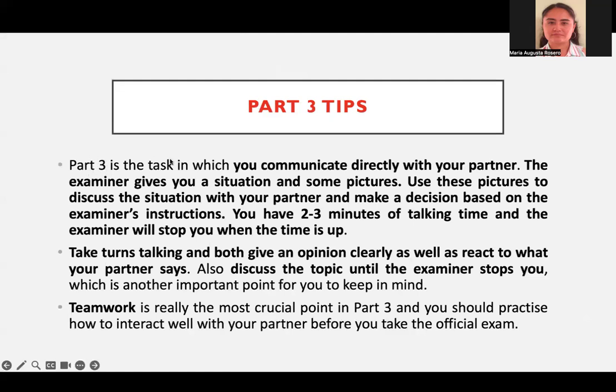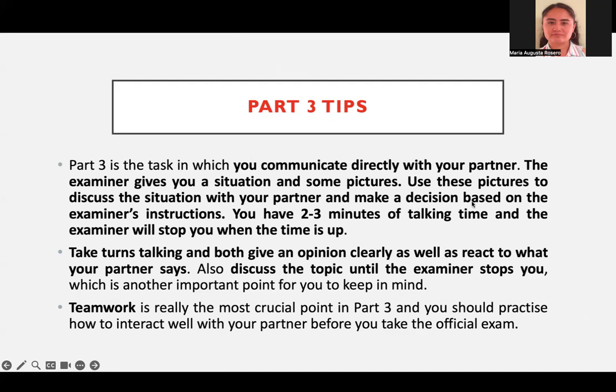Now we have the tips that I consider important for you to take into account. Part 3 is the task in which you communicate directly with your partner. The examiner gives you a situation. Don't forget not only the picture, but a situation and then some pictures. You have to use these pictures to discuss the situation with your partner and make a decision. But what is the decision based on?